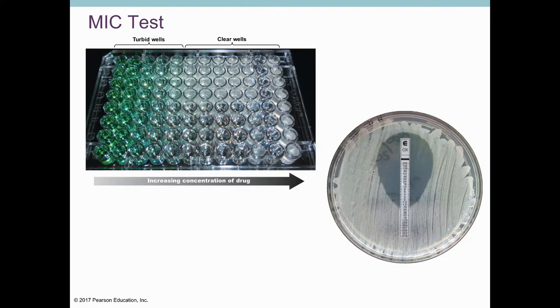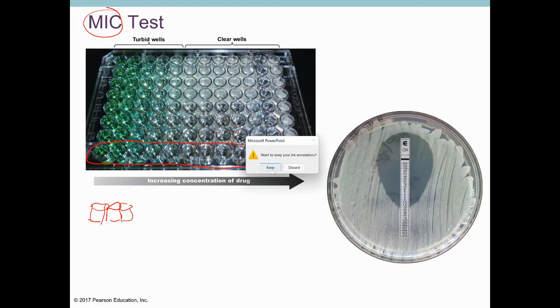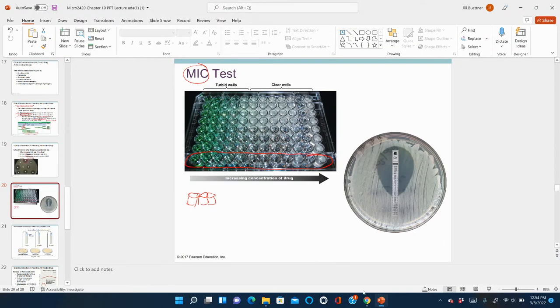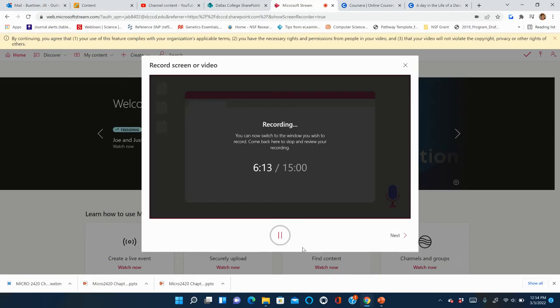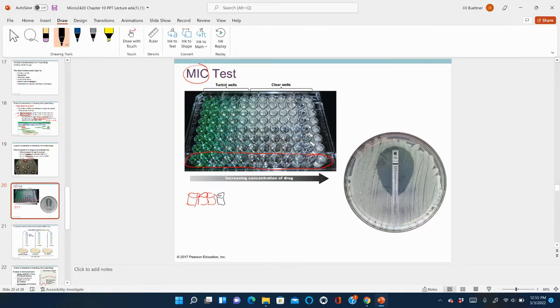On this slide, I'm going to show you the minimum inhibitory test. Let's say this is a plastic plate that has teeny tiny little plastic test tubes fused to it, open at the top. You have these tiny test tubes all in a row.